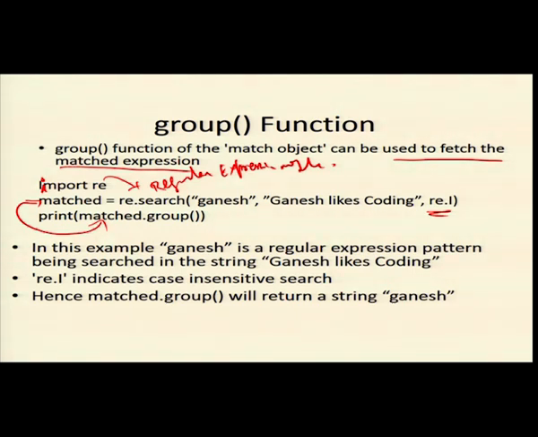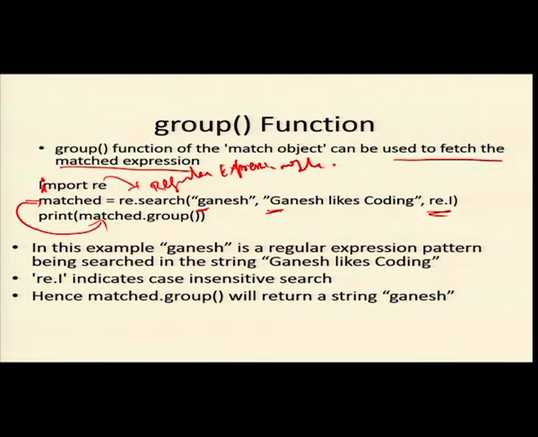So, in this example, ganesh is a regular expression pattern that is being searched in the string "Ganesh likes coding". But my dear viewers, what did you note in this code snippet? Haven't you noted that within the string quotes I have given Ganesh with a capital G, but in my search string the g is small?